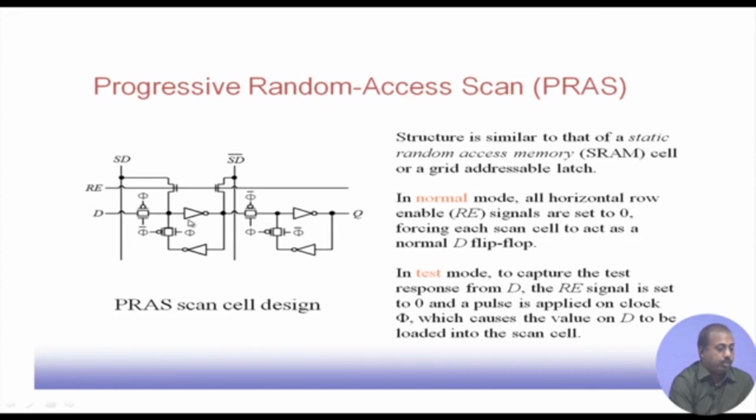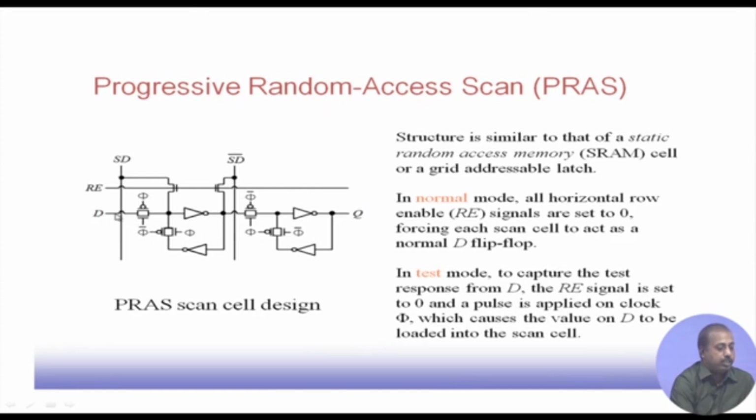In normal mode of operation, this is driven by these clock signals, which are complements of each other. So, this phi is phi bar here and this phi is phi bar there. As a result we have got complemented signals.